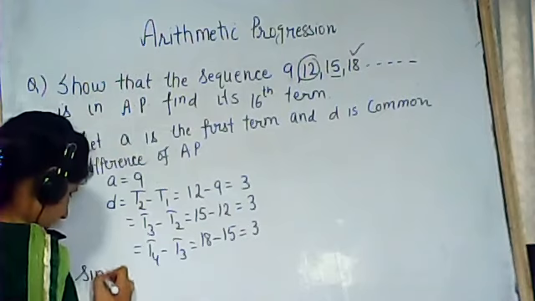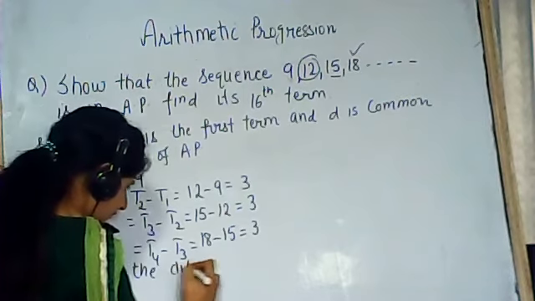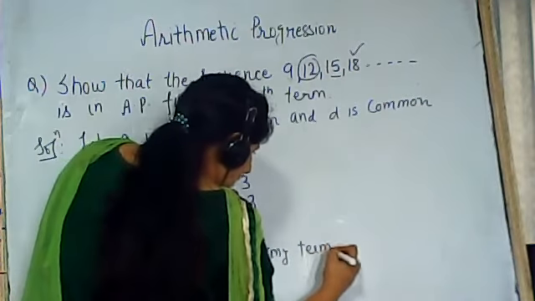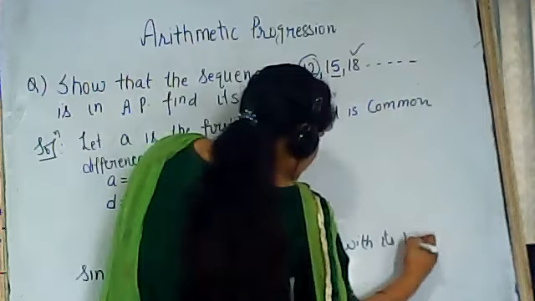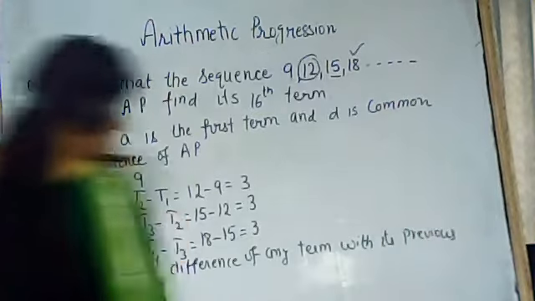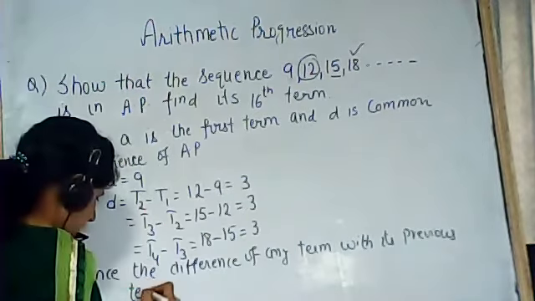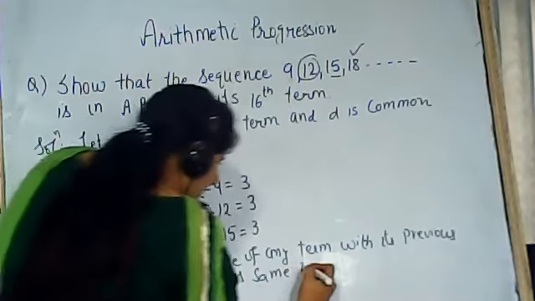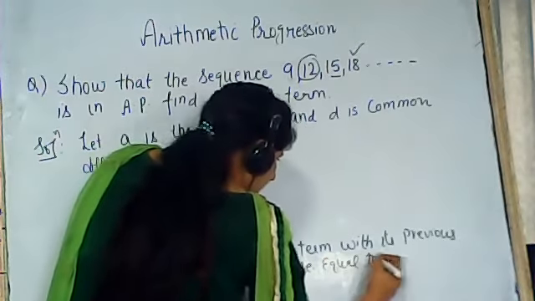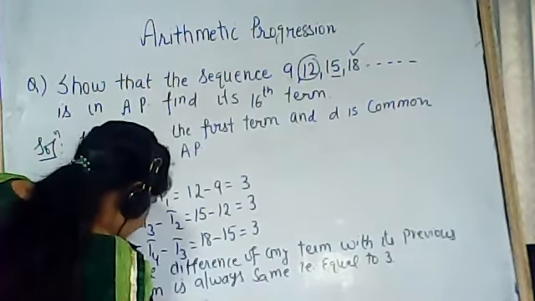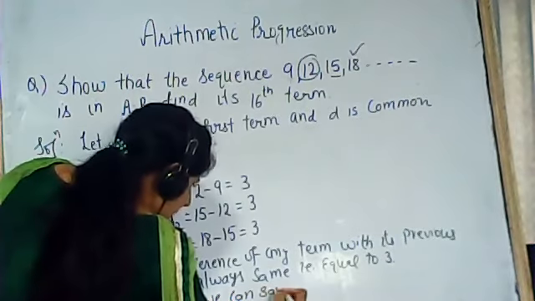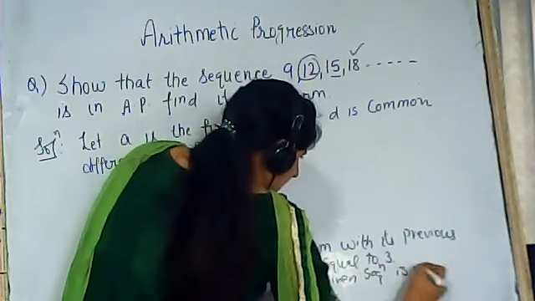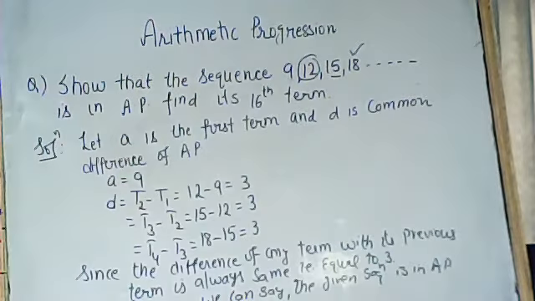By definition, since the difference of any term with its previous term is always the same, that is equal to 3, hence we can say the given sequence is in AP.